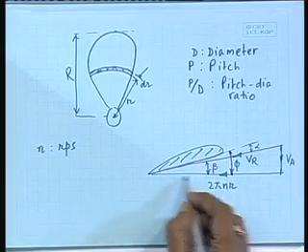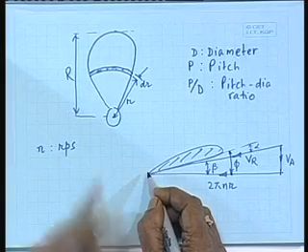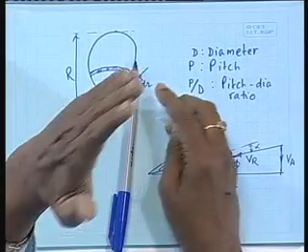See, if I had all the blades flat, then the propeller rotated in the same disc, right, and the tangential velocity would have been 2 pi n r in the same disc. That is, this blade would have been flat here. You got it? If there is no pitch, but I have got a pitch.